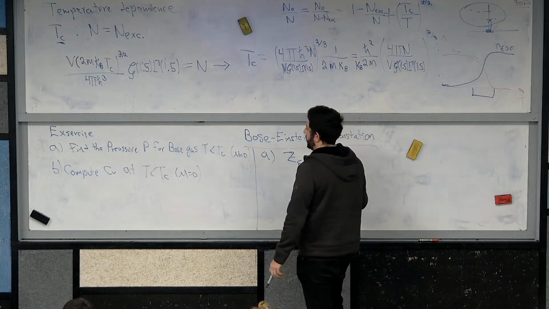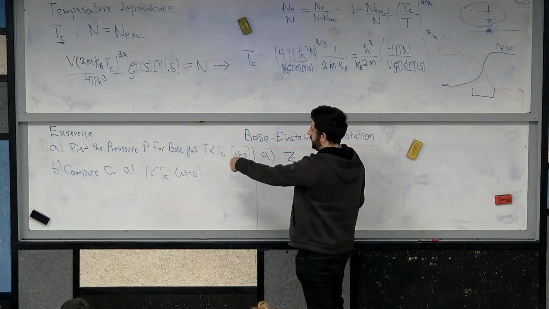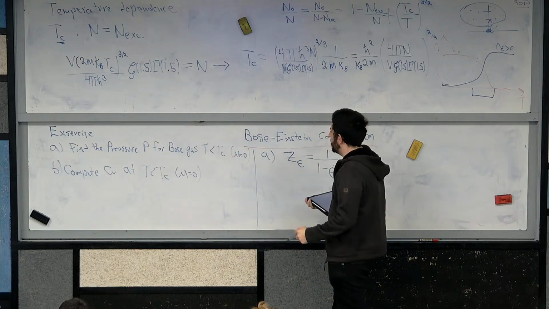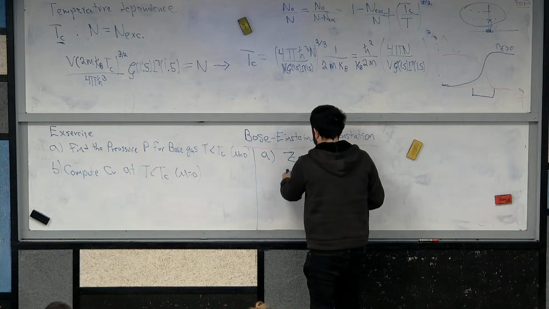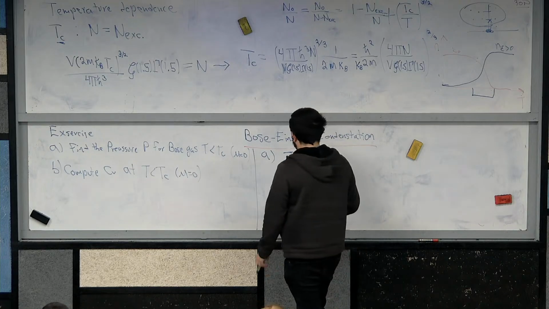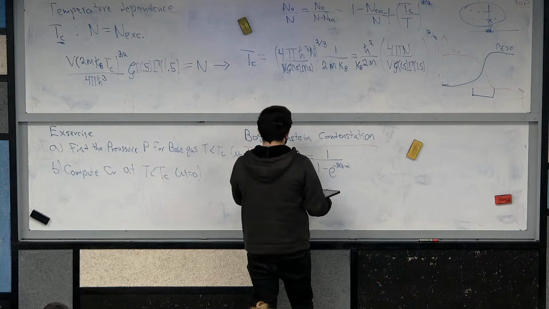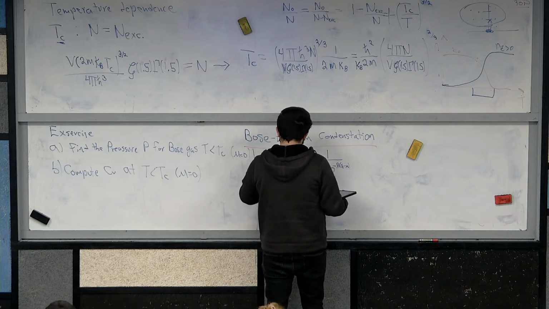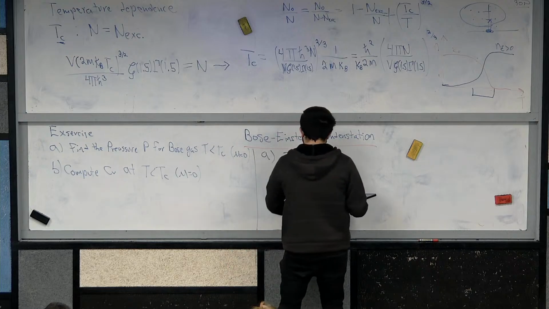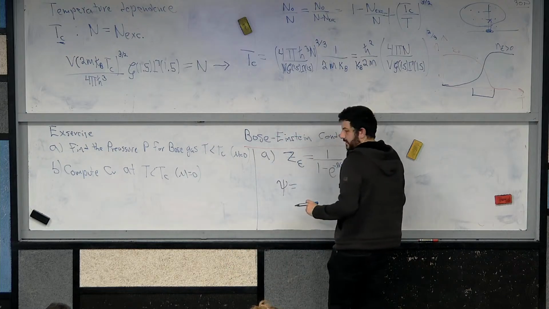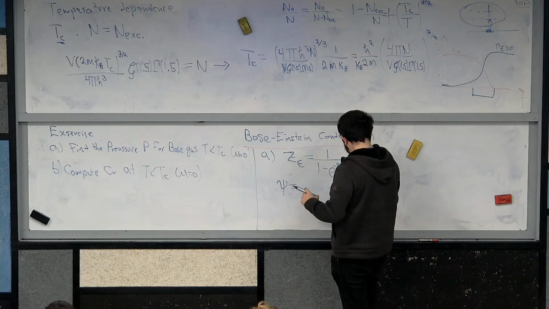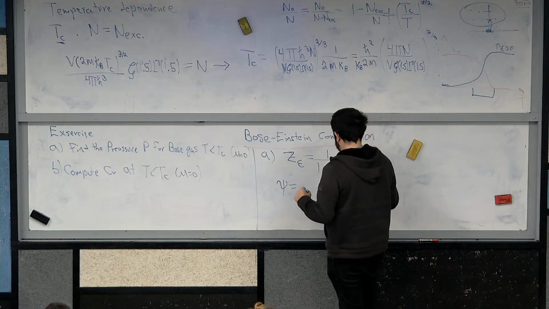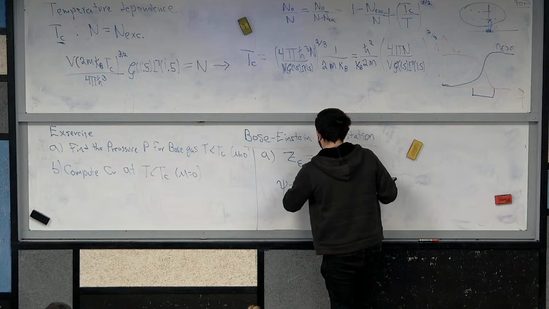So we want to make the connection to pressure and temperature to get some thermodynamical quantities, right? Do you know that the way to get from the partition function to the thermodynamics is through the grand canonical potential? Do you remember what the grand canonical potential is? It is minus PV, right?